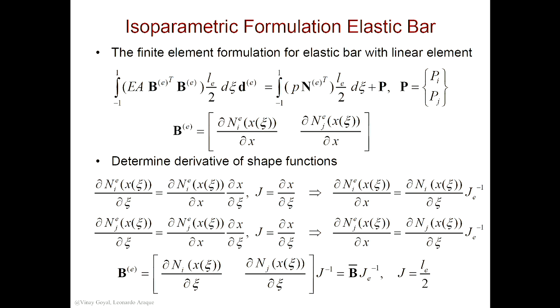So dN/dc is really something I know. I can calculate this. But this is also equal to the derivative of N with respect to x, times dx/dc. This is J, the Jacobian. I'll call it Jacobian now for the first time, because I didn't want to call it anything earlier. J equals the derivative of x with respect to c. Now, if this is J, I can solve for this.